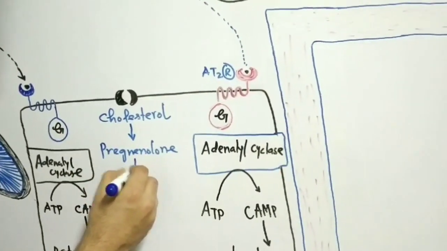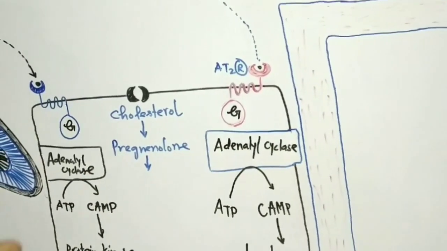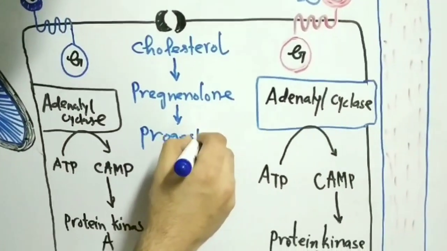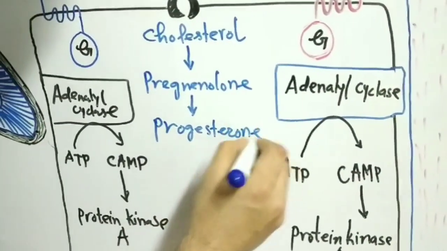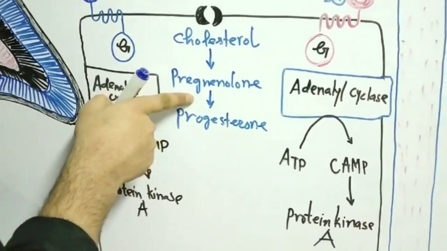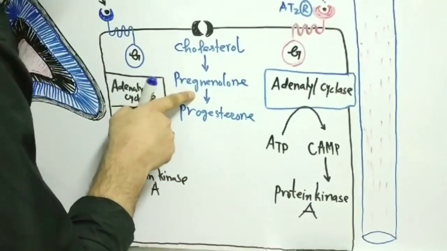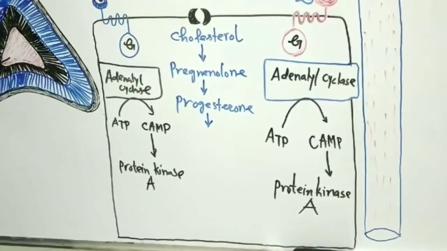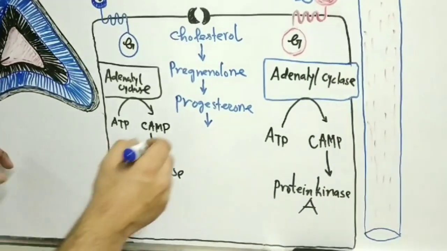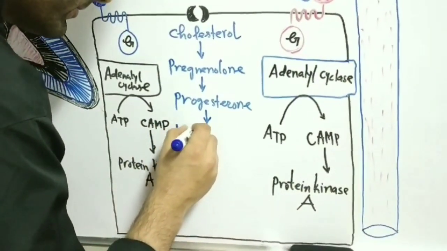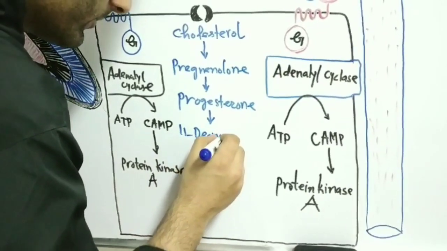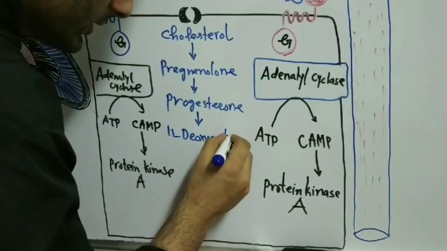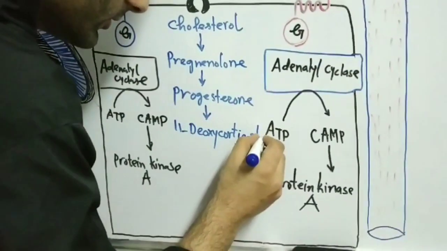Now the pregnenolone is converted into progesterone by another enzyme. Again, progesterone is converted into 11-deoxycorticosterone.